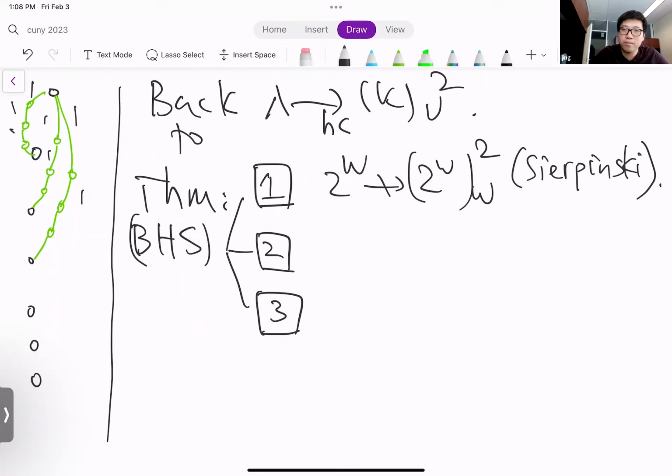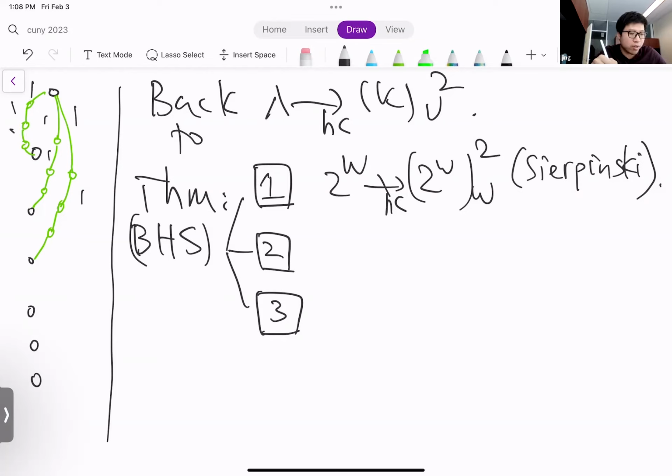So I forgot the HC. The partition relation for the continuum is still not true. But then there's some. This is sharp in a lot of senses.